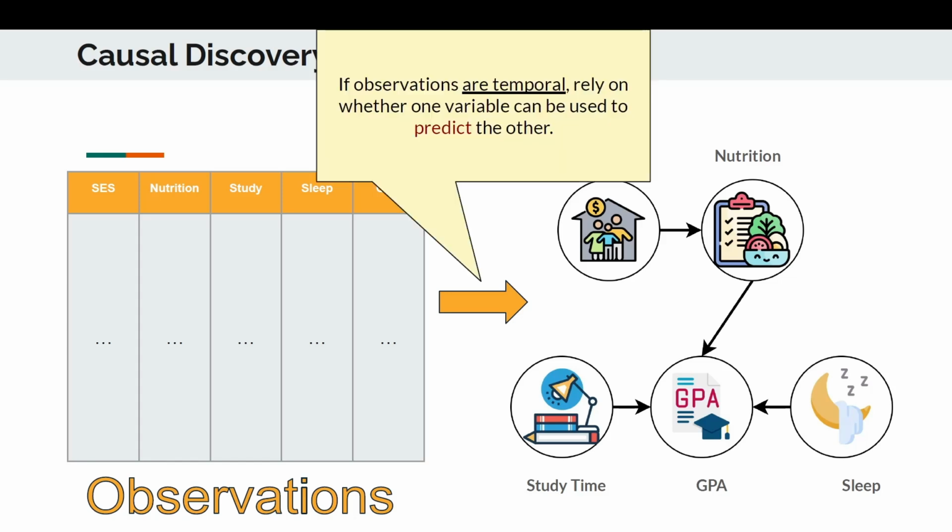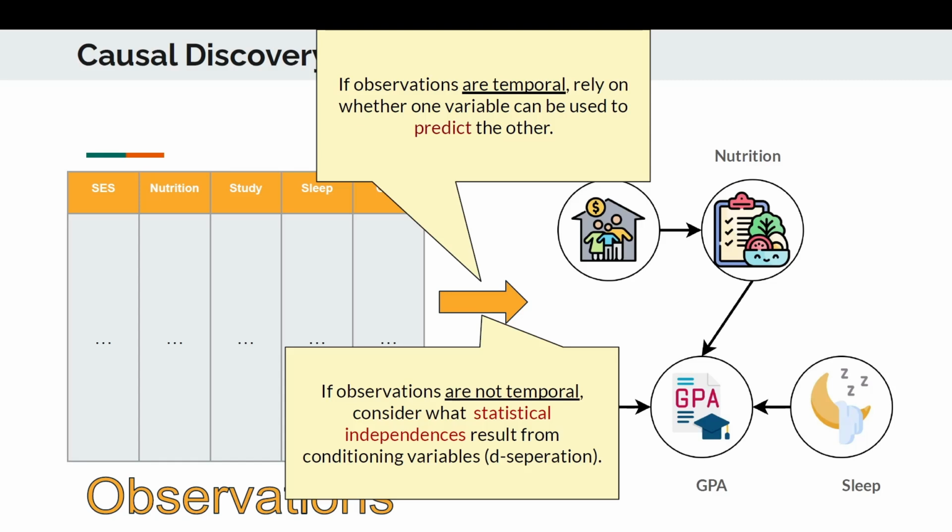However, the nature of data affects how we apply causal discovery. If the observations are temporal, we will have to rely on whether we can use a variable to predict another one. In case the observations are static, meaning there is no time to it, then we should apply conditioning, which we have just learned, on the variables to discover what statistical independencies we can learn.